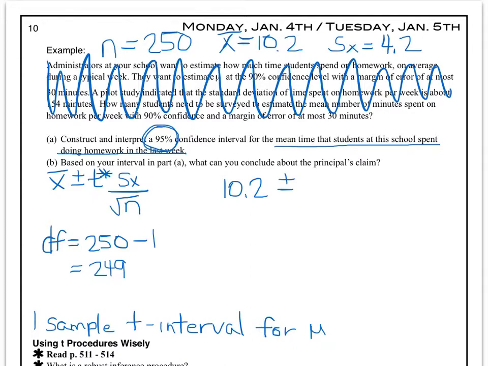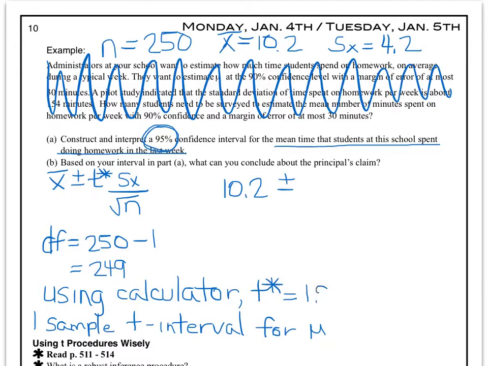So using the calculator, we would say inverse t, 0.975, comma 249, and I would get 1.97. So t star is equal to 1.97.